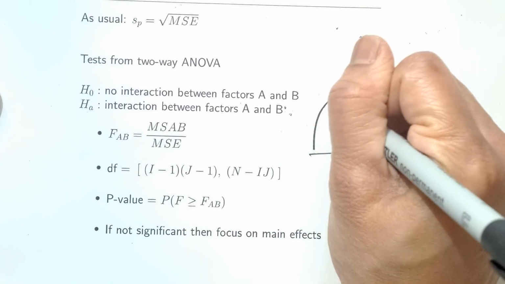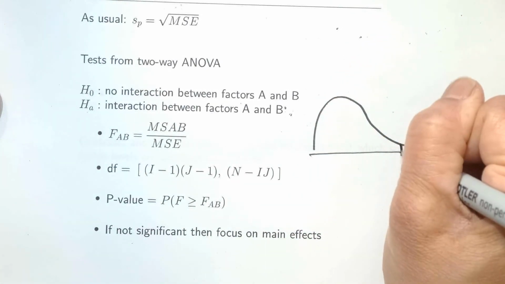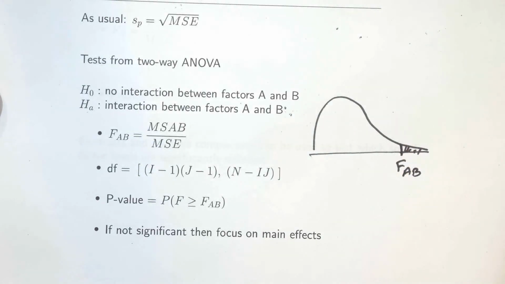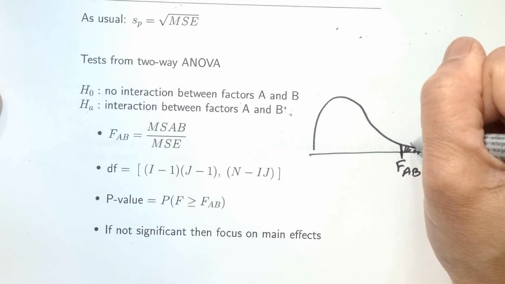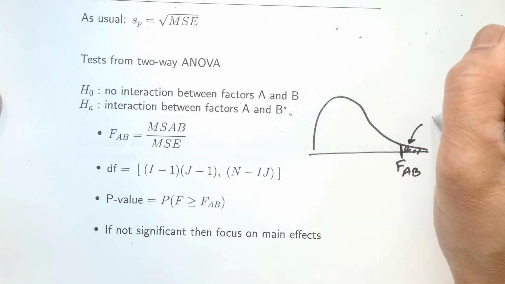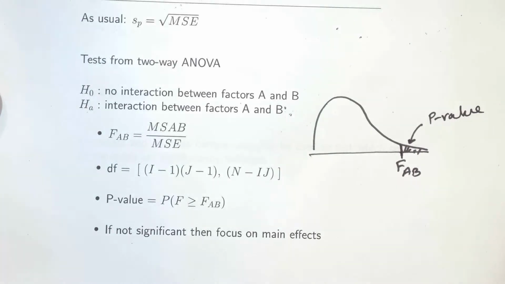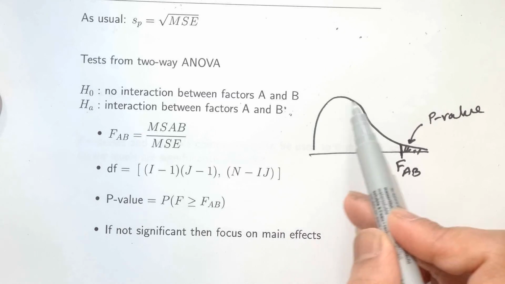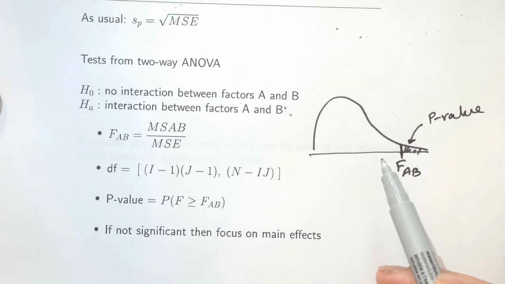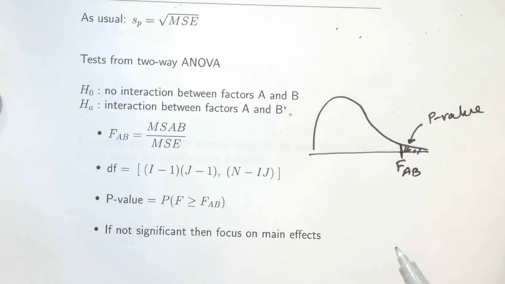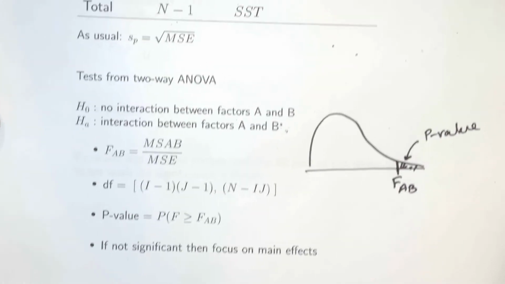So this is one where we have our F distribution, that's the value of our statistic, and the upper tail area is our p-value. This F distribution has degrees of freedom inherited from the numerator and denominator mean squares.